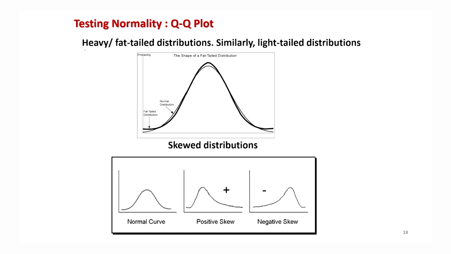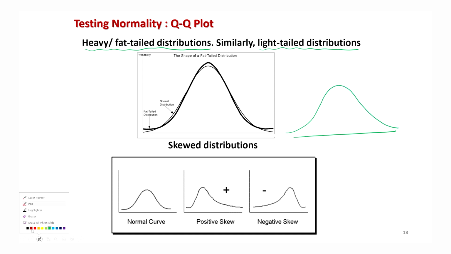We have the concept of a heavy or fat tailed distribution, and similarly a concept of a light tailed distribution. What we do is compare the tail of the distribution with the normal. Suppose this is my normal, and I have one more distribution whose tails are more than the tails of this normal.